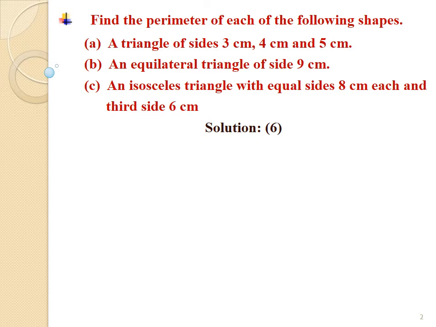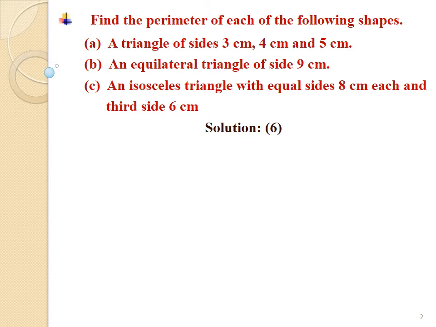We know that an isosceles triangle is a triangle which has 2 sides equal and 1 side unequal, that is different. Thus, in order to find out the perimeter of an isosceles triangle, we have to add all its 3 sides, where 2 sides are of same length and the third side is of different length.